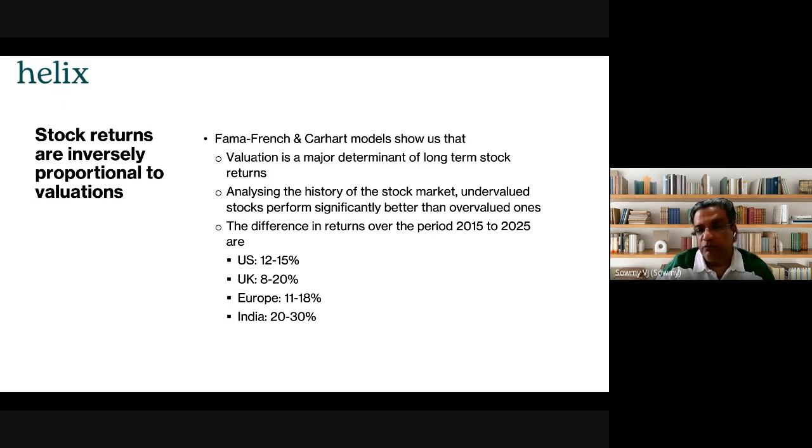Among the various factors that drive stock returns, two factors distinctively stand out. One is size and the other one is valuation.